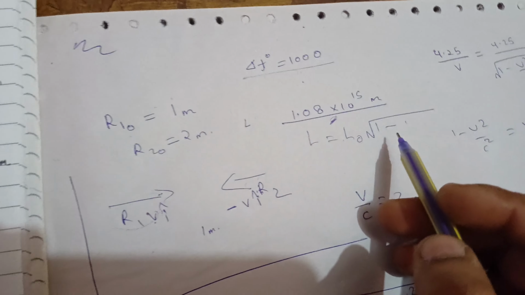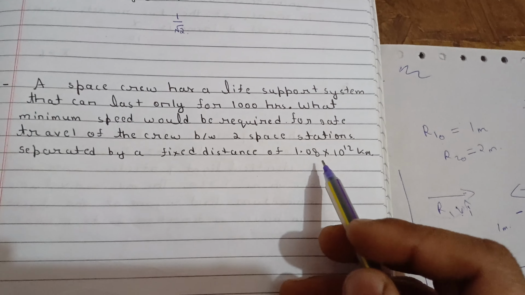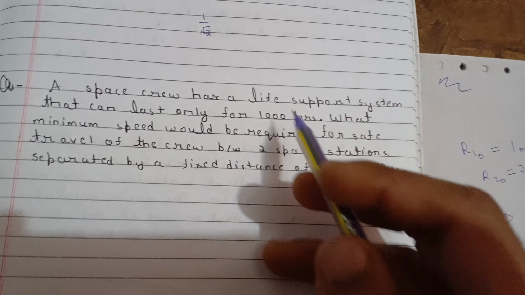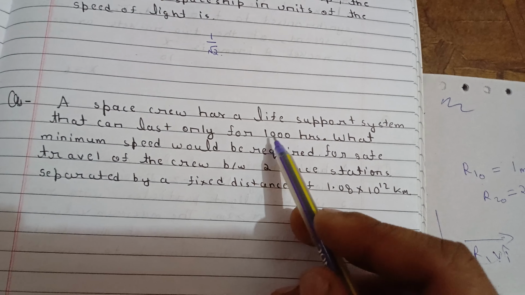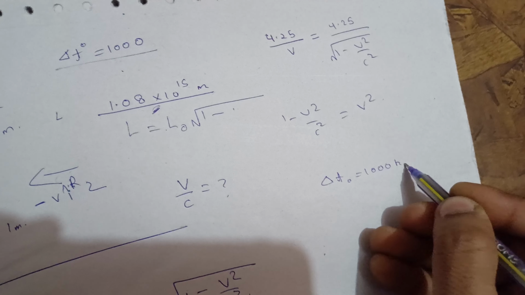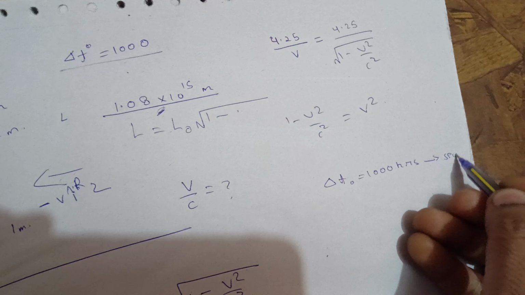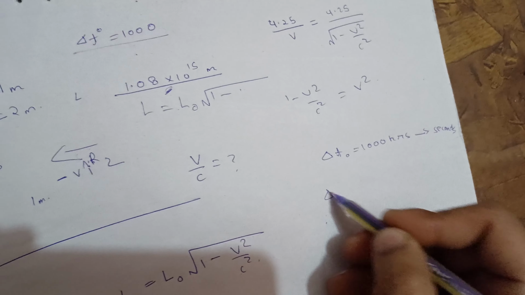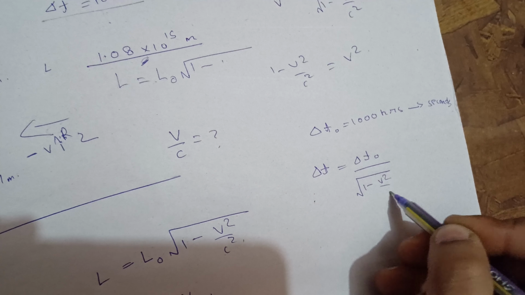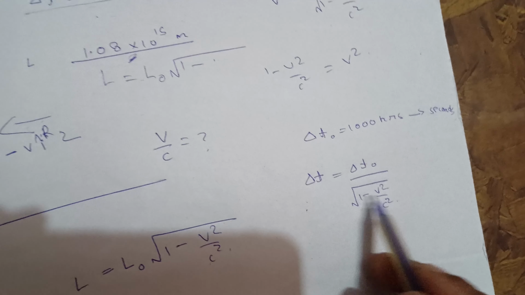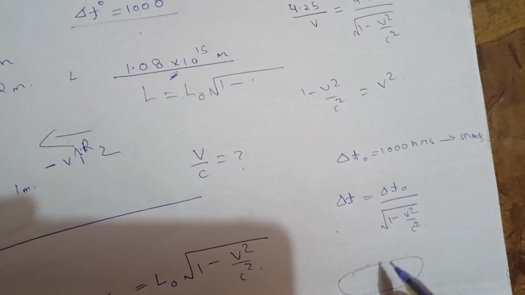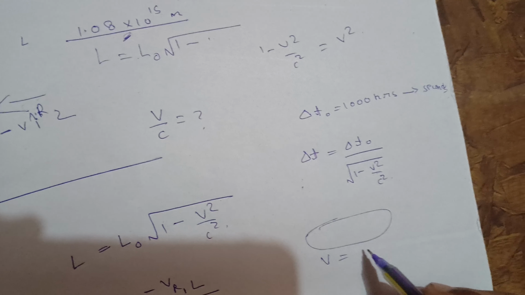Well, this will be the hard way. We can go through an easy way. We know this distance in the rest frame of earth, so we can convert the time into the rest frame. This is the original time given, just convert it into seconds. Then we know that the dilated time will be delta t naught divided by root of 1 minus v squared by c squared. So convert this time, and then speed is equal to distance upon time.